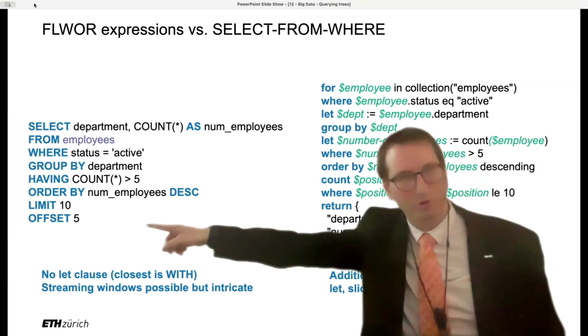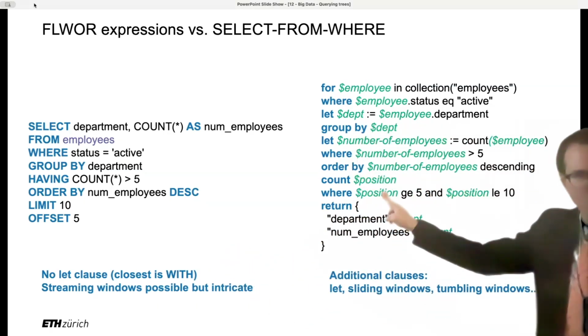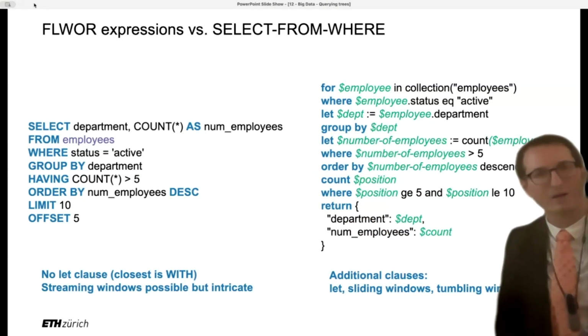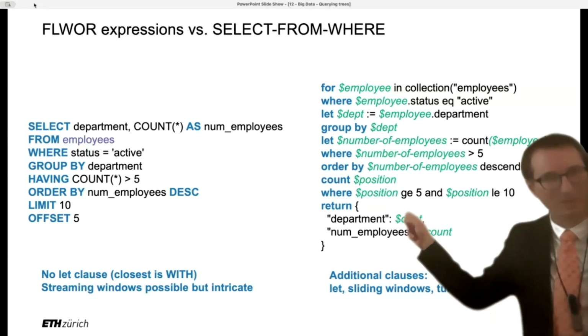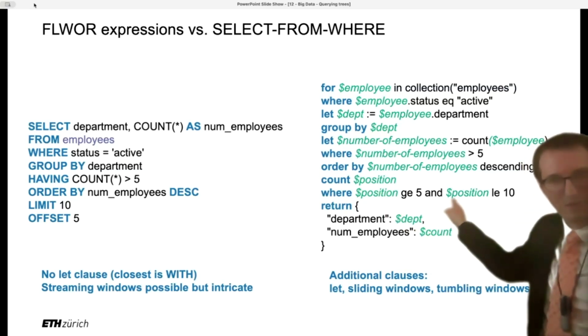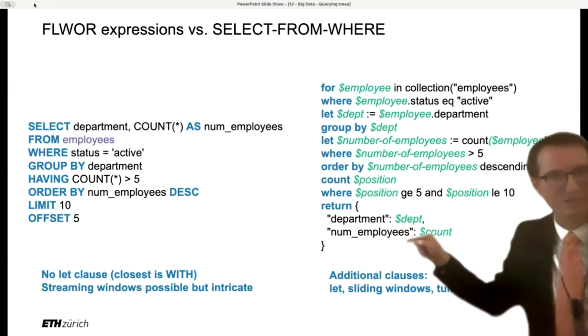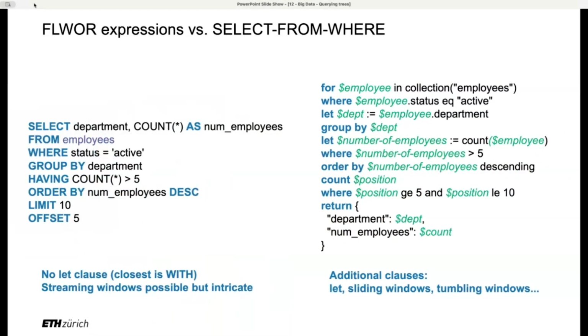That basically gives you the behavior of limit and offset. I think this is the reason why they didn't put limit and offset: you can use the where clause and the count clause together to do the same. So this is why they opted out of having limit and offset.